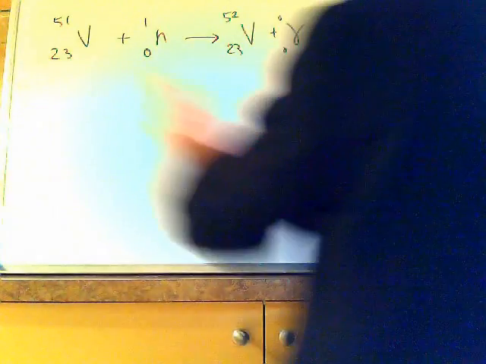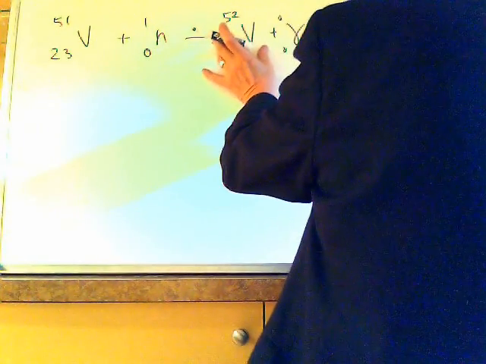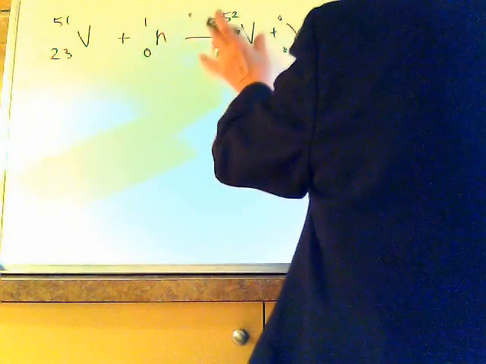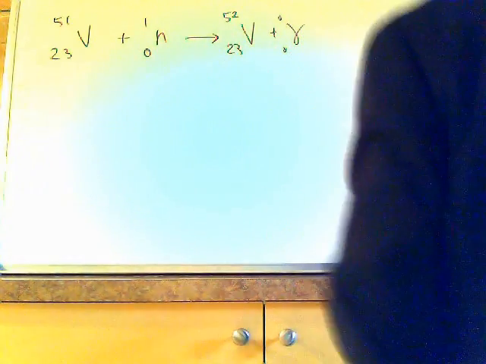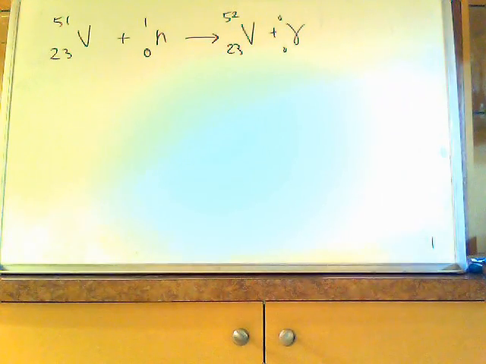So if we add up the mass of the reactants, in atomic mass units, the mass of vanadium and the mass of a neutron, and then subtract from that the mass of the products, we get the difference in mass, and once we convert that back into energy, that's going to give us the Q value.